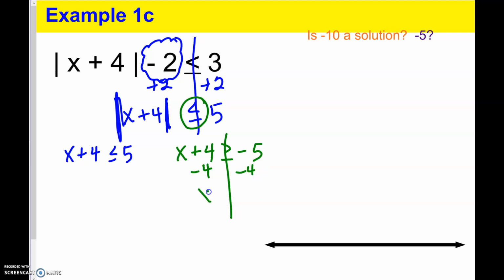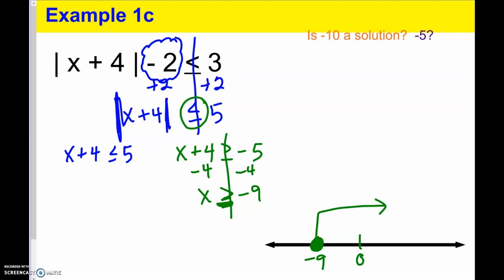So it looks like x is greater than or equal to negative 9. So on my number line here at negative 9, I have the line underneath it, which means equal to. So we are going to close this. Negative 9 is a solution, so we want to include it. And it's any number greater than, so it goes to the right.